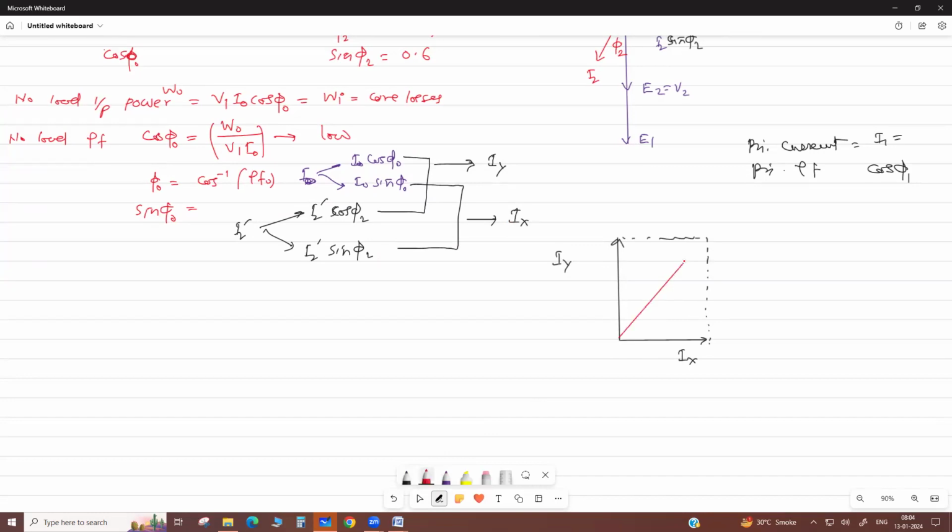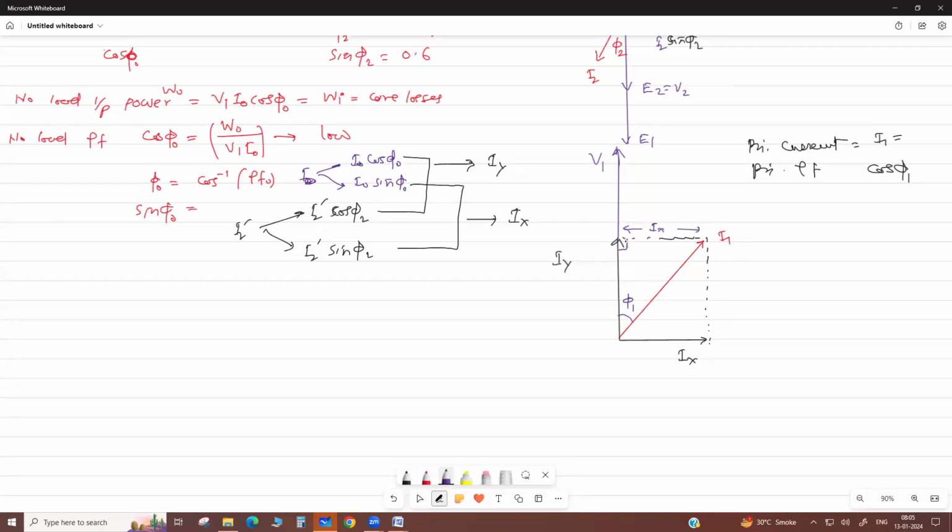Now along this axis there is V1. It means this angle is phi 1. So in this right angle triangle, this is IX, this phasor here to here.